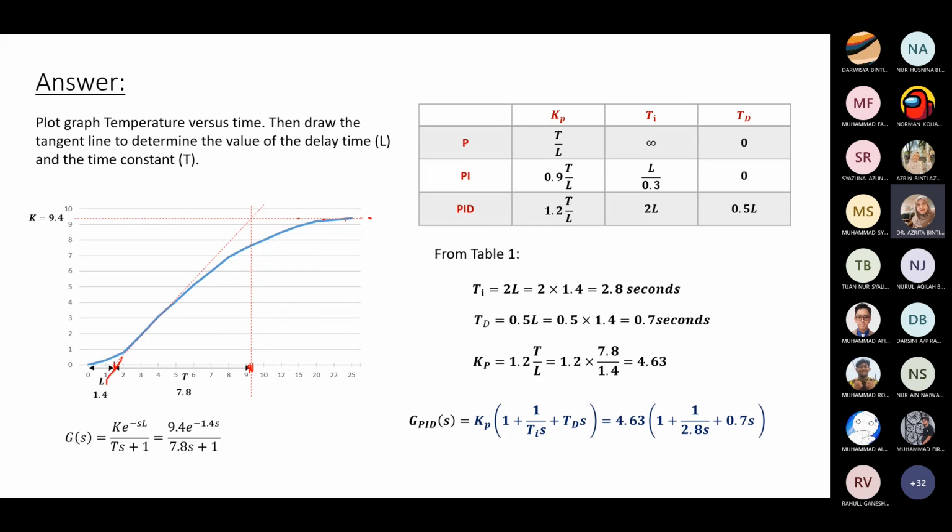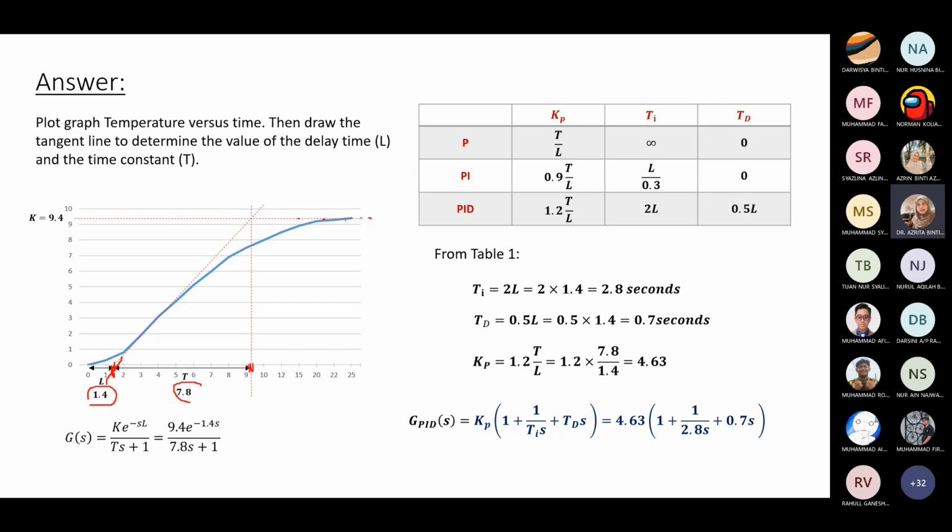So from here we can see that L, the delay time, starts from 0 until this value, and from this value until this value is our value of T. Okay, so from here L is measured about 1.4, and for T, you need to subtract here: 9 point something minus 1.8.